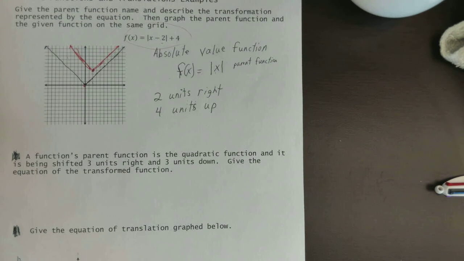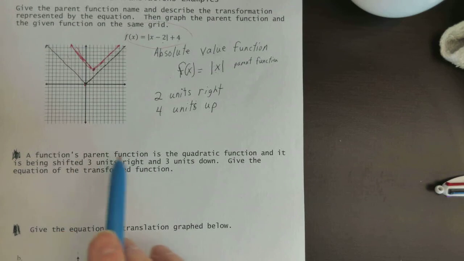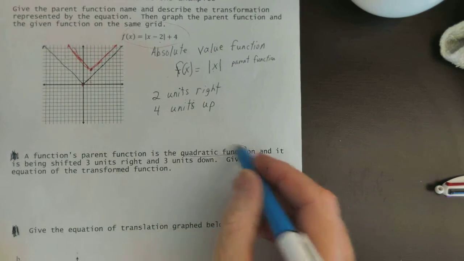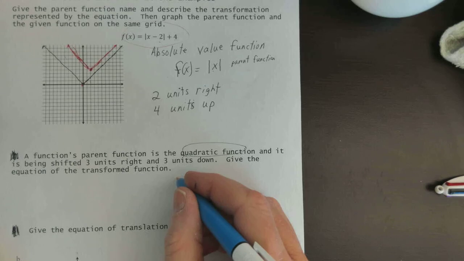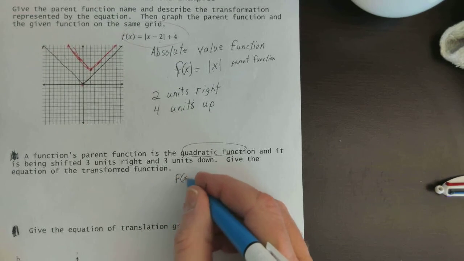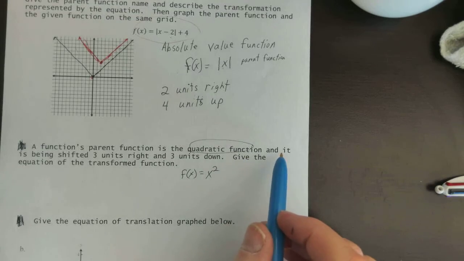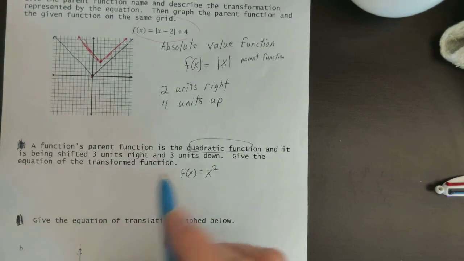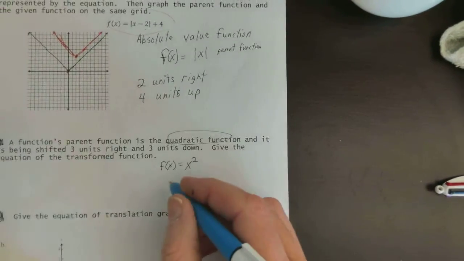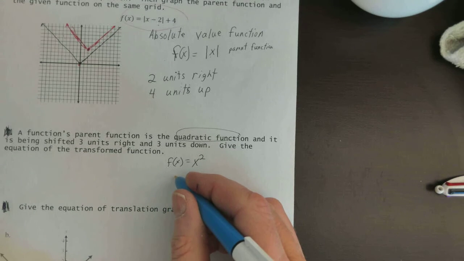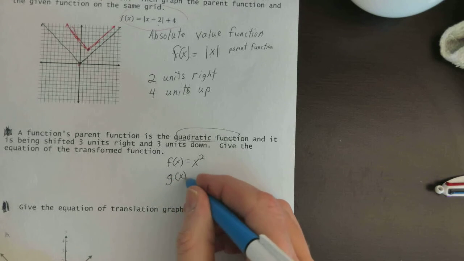Now, next problem. A function's parent function is the quadratic function. Quadratic function is f of x equals x squared. That's the quadratic function. It is being shifted 3 units to the right. All right, now the new function I'll call g of x.